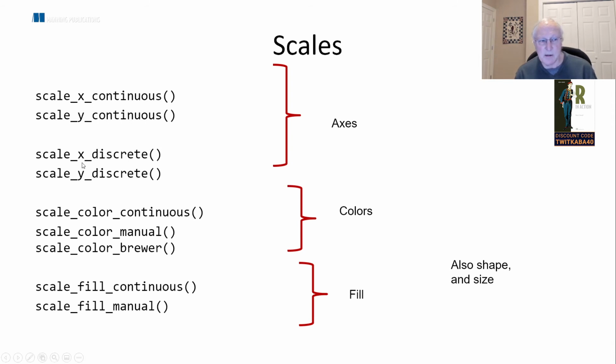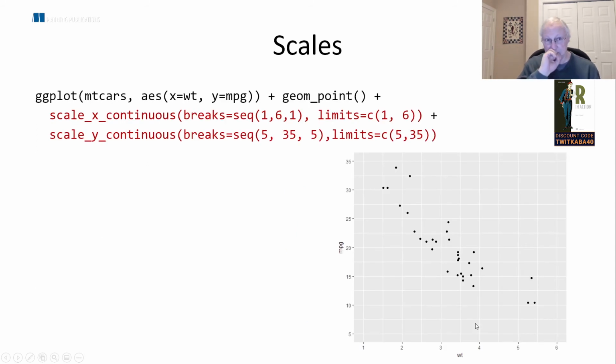We can use scale_x_discrete or scale_y_discrete if it's a categorical variable like rank or sex. And we can do the same thing if we want to change the color mapping. So if we want to specify specific colors, I'll show you an example in a minute. Or if we want to specify fill colors as opposed to line colors, we could also do the same thing for shape and size.